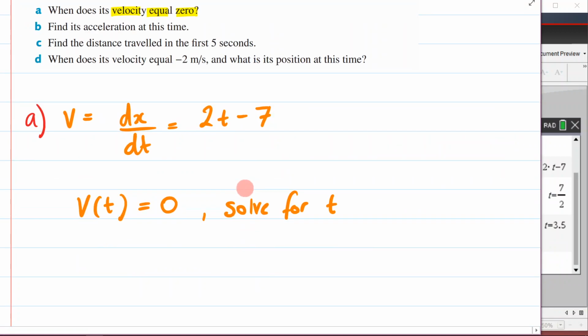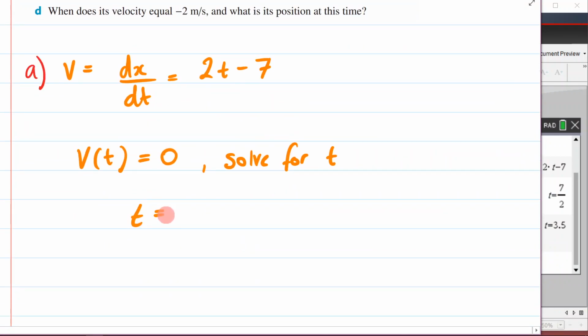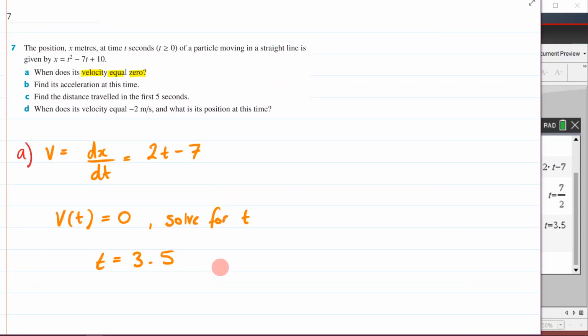So t is equal to 3.5. Perfect, and that's it. Its velocity equals 0 at this point.